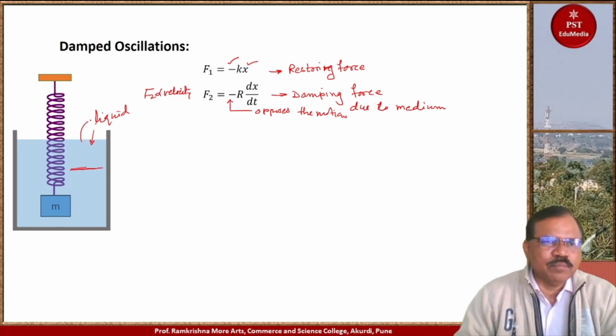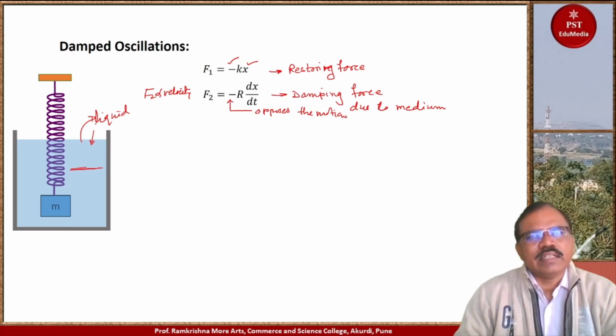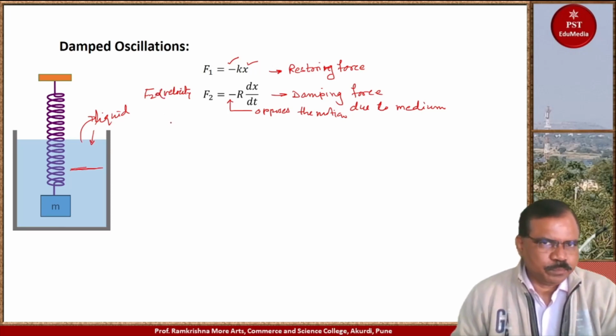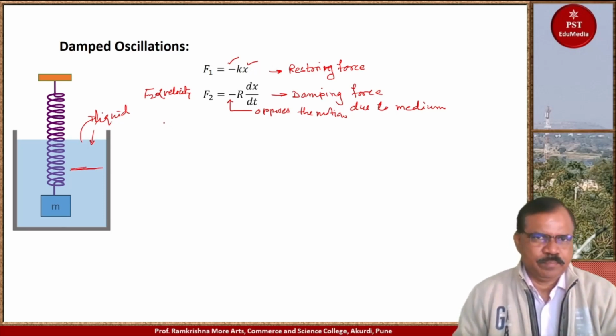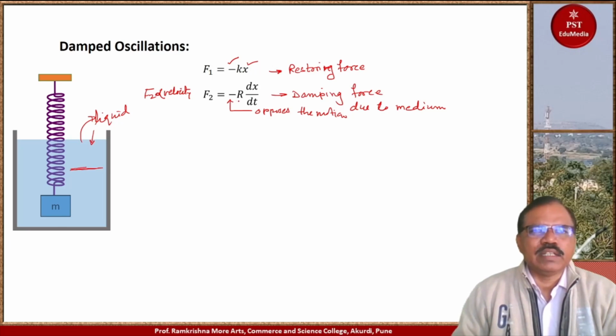So this medium opposes the oscillation, and this force is directly proportional to velocity. So the more the velocity, the more the opposition due to the medium. R is the proportionality constant, and this is called the damping coefficient.